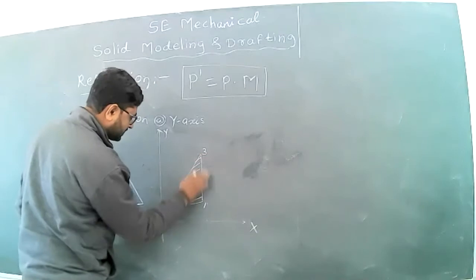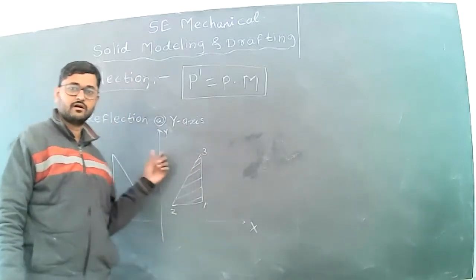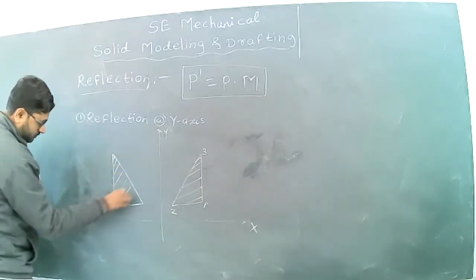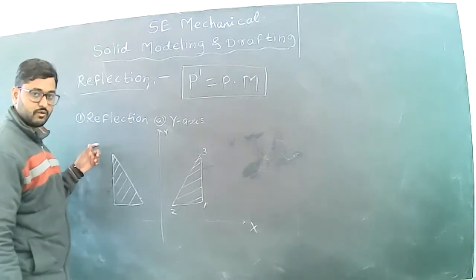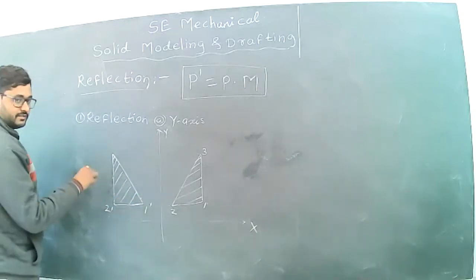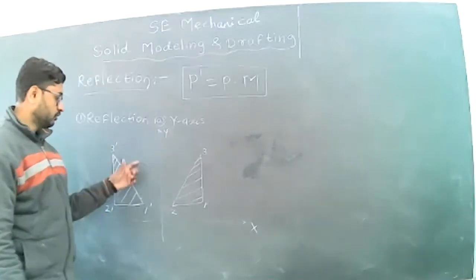Here it is 1, 2, 3, because this is our original triangle. We have to reflect this triangle about the y-axis, and this triangle is our reflected triangle about the y-axis, 1 dash, 2 dash, and 3 dash.